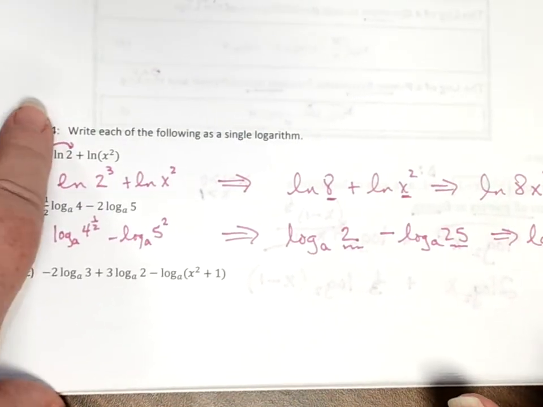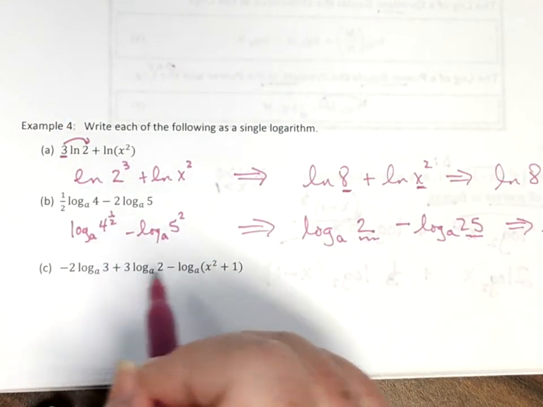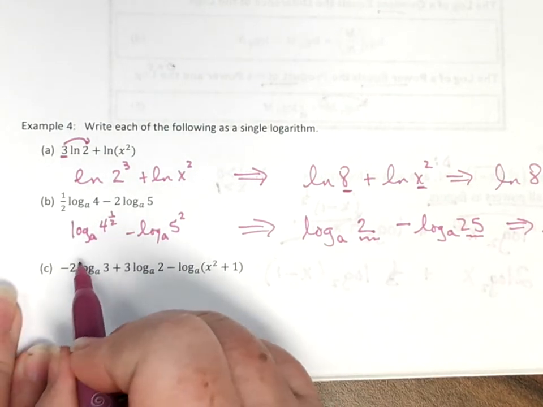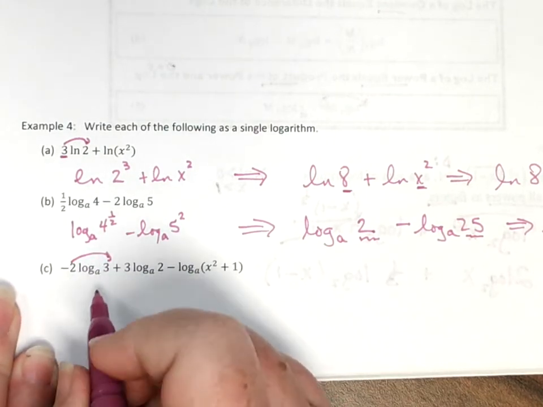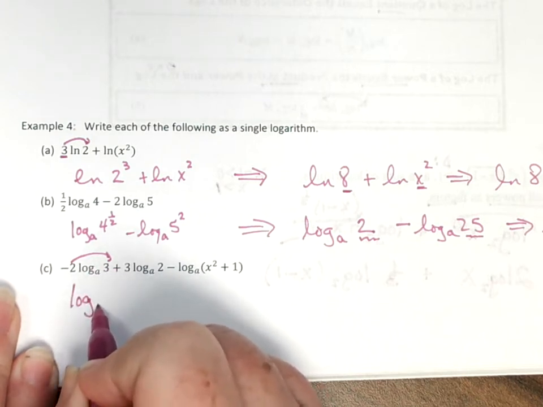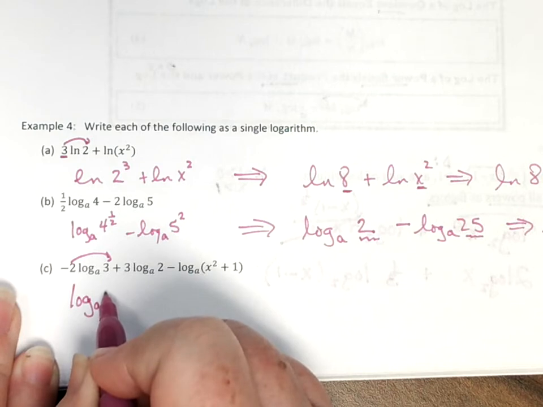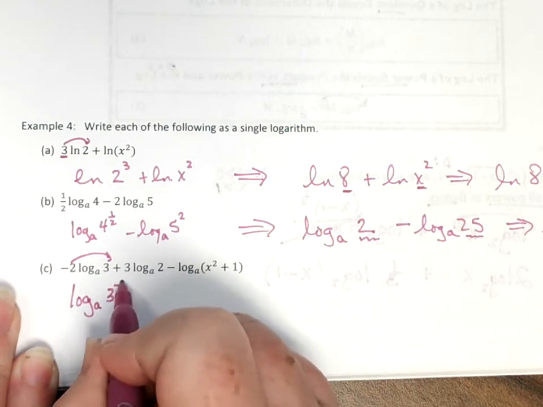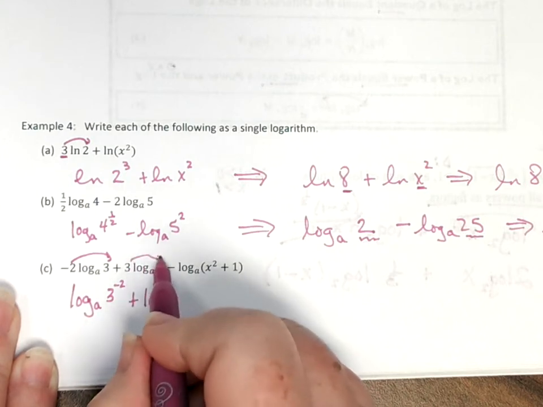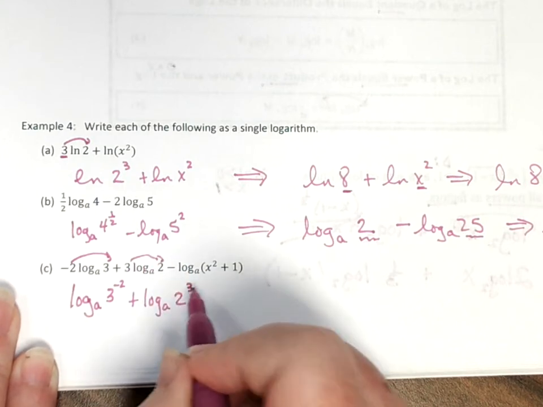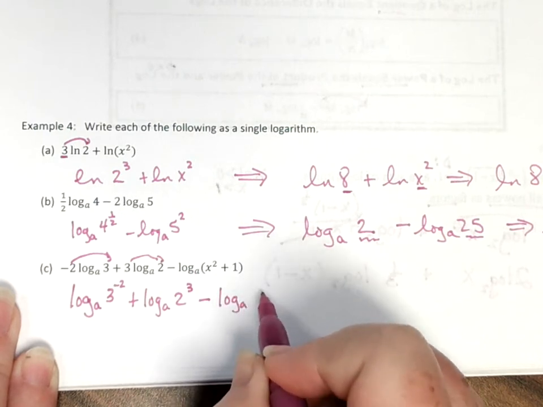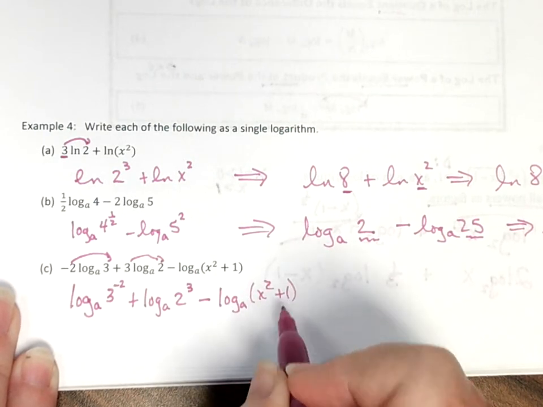Now this last one is a little bit more complex because there's so many more steps, but let's take a look at this. We've got throwing this to the front, that's going to make that the exponent, that's going to make that log base a of 3 to the negative 2 plus log base a, we're going to throw this one up as an exponent, 2 to the 3rd, minus, and there's nothing to throw here, log base a of x squared plus 1.